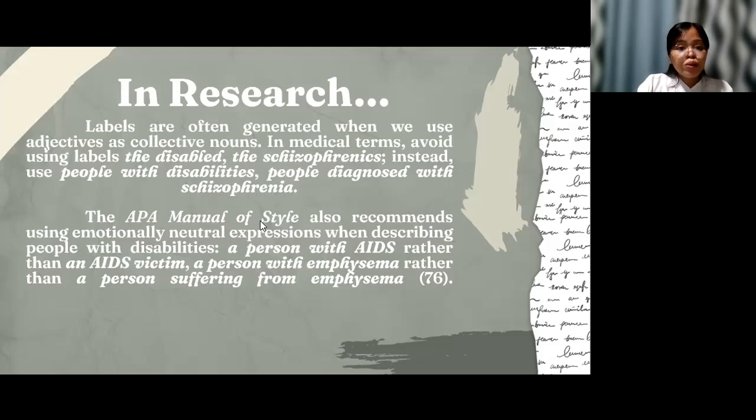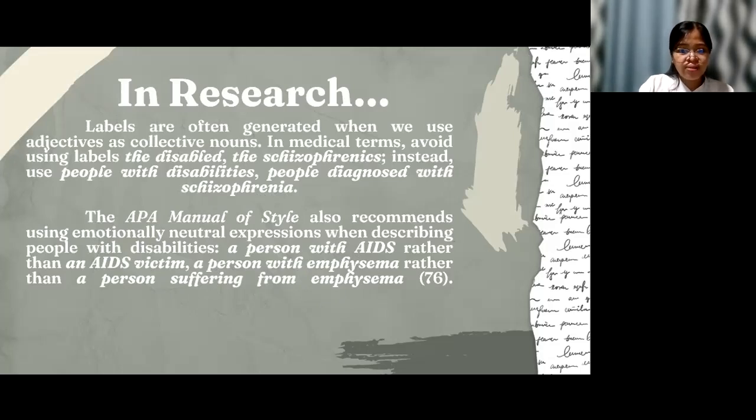The APA Manual of Style also recommends using emotionally neutral expressions when describing people with disabilities: person with AIDS rather than AIDS victim, or a person with emphysema rather than person suffering from emphysema. If you say suffering, it has a negative connotation.